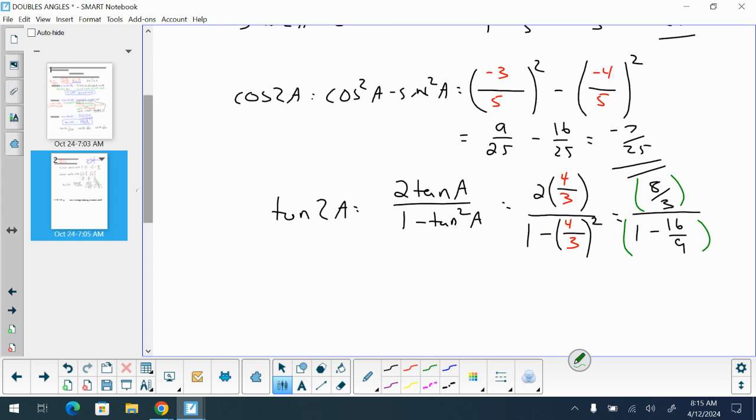So we have quantity 8/3 and quantity divided by quantity 1 minus 16/9. Enter your quantity, hit your math button, hit enter, and that will give you back your fraction.